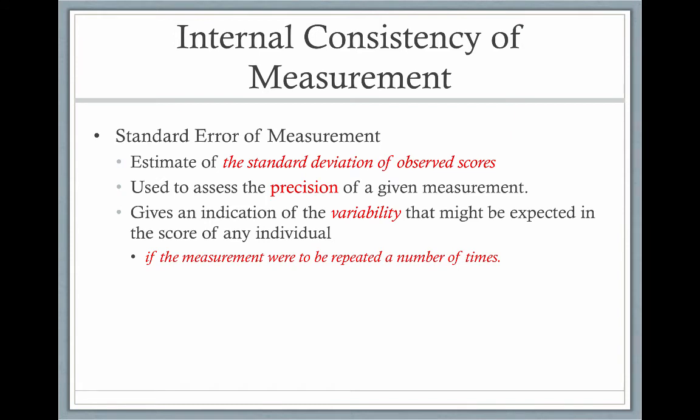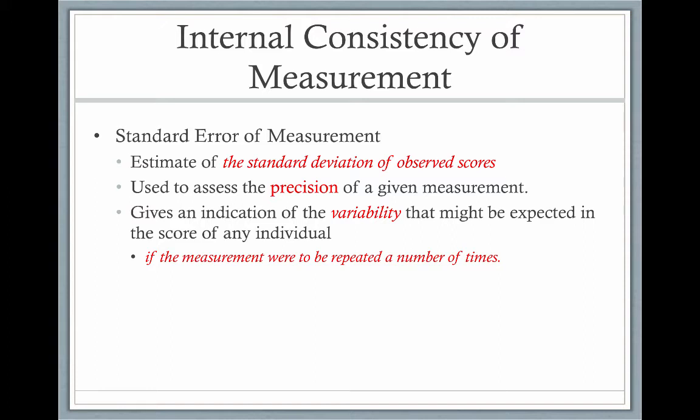The standard error of measurement is an estimate of the standard deviation of the observed scores. It's used to assess the precision of a given measurement. It gives an indication of the variability that might be expected in the score of any individual if the measurement were to be repeated a number of times.